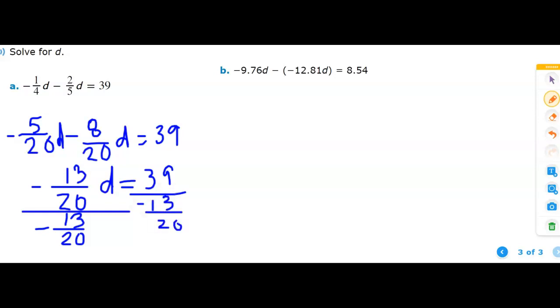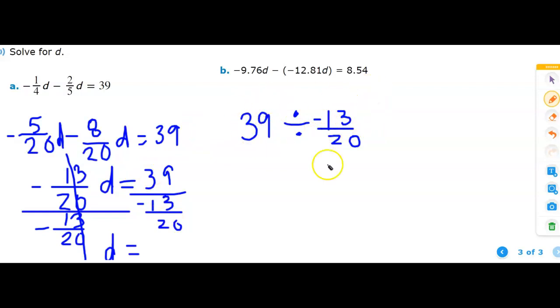So this cancels out on this side, and I'm left with d. And then I have 39 divided by negative 13 over 20. So I'm going to write this over to the side. I wanted to write it this way because with that fraction, this part looks a little funky, so I wanted to write it the way you're used to seeing it.